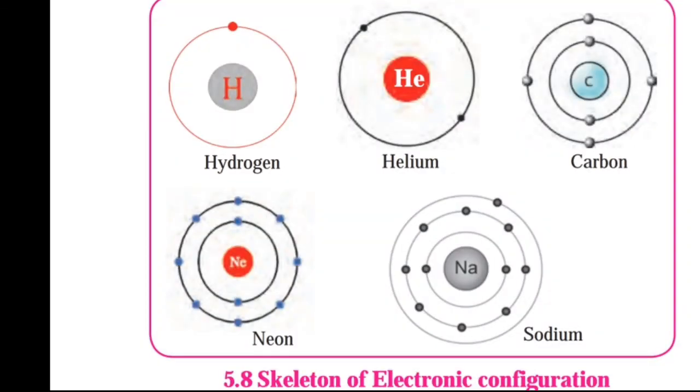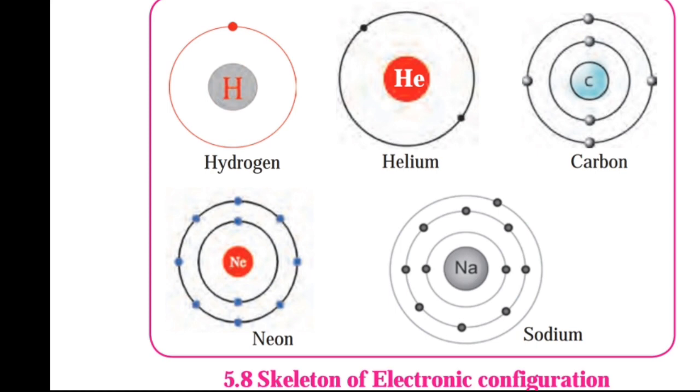The electronic configuration of an atom can be represented by a shell diagram. Okay, it is shown in the figure. See the diagram. In hydrogen there is only one electron and it is represented in the K shell. Helium has two electrons, so they are in the K shell.